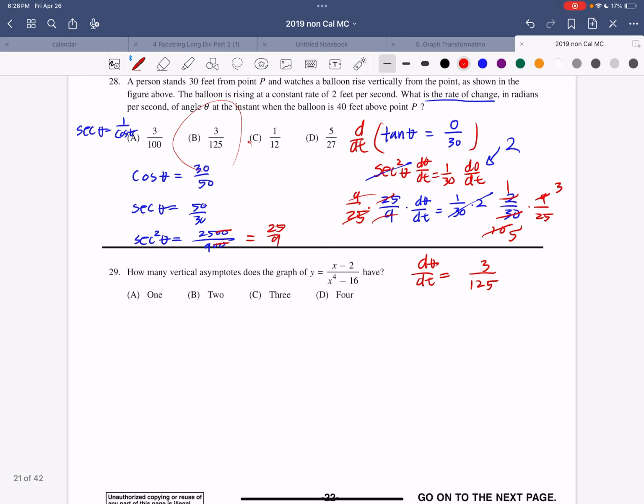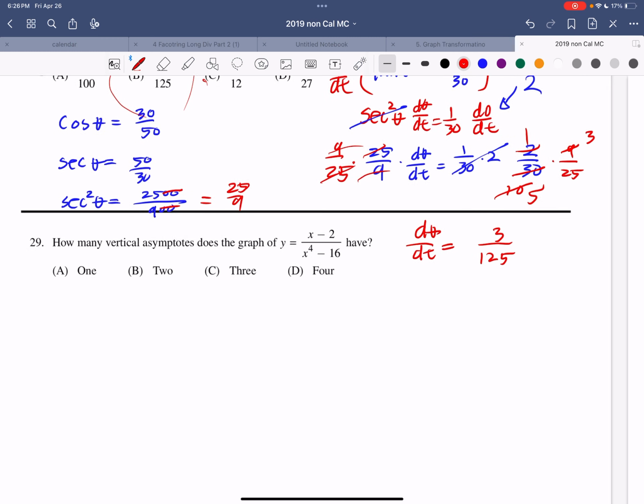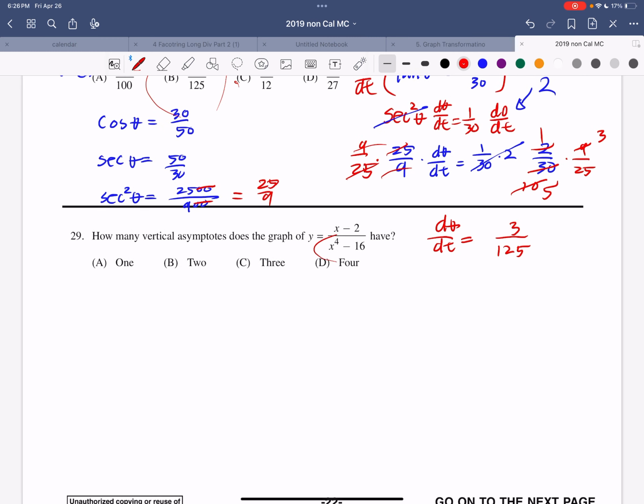Whew, that was something. Now, what's up, question number 29? How many vertical asymptotes? A vertical asymptote is any number that gives you 0 in the denominator. So what you got to do, it's not even calculus, it's algebra. So it's going to be x to the 4th power minus 16.